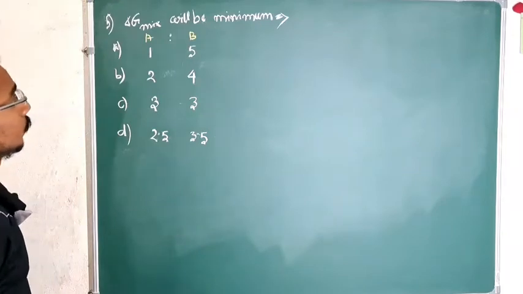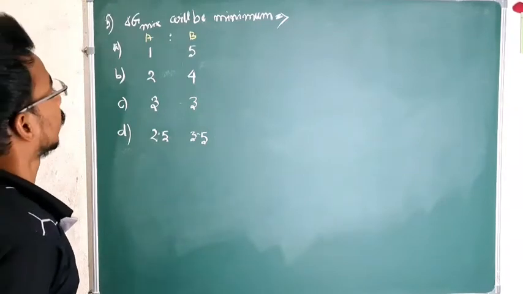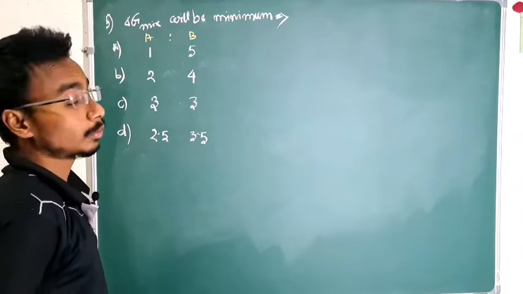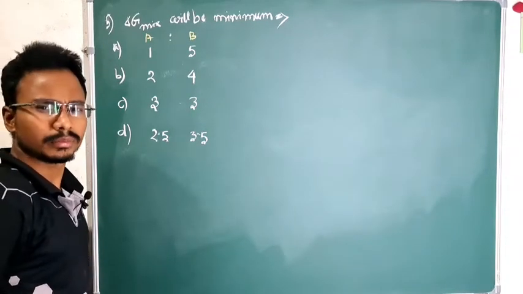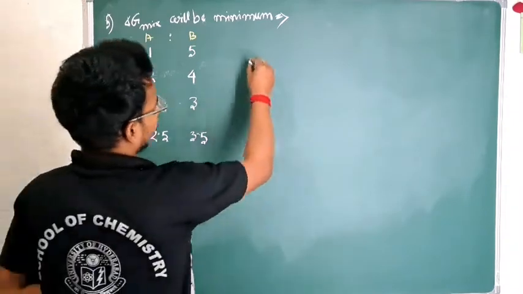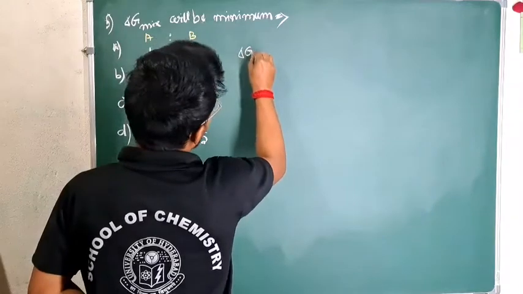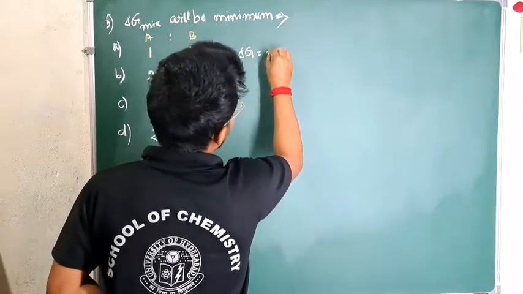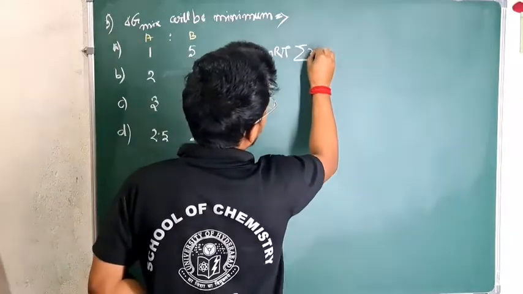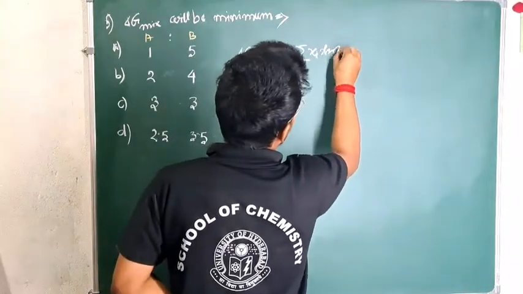How to know that delta G value will be minimum? Should we calculate for all the options? That will take very much time. What is the formula of the delta G first? Tell me. Delta G equal to nRT summation of xi ln xi.